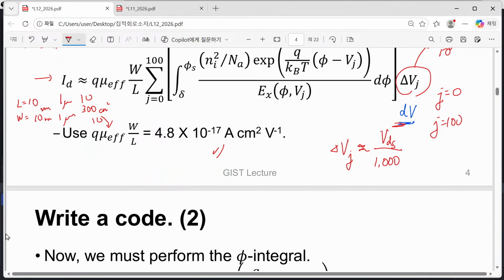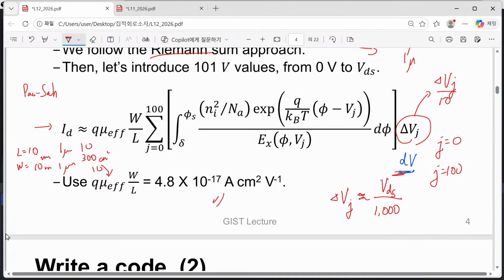Okay, so now if I give you this semi-discretized form, can you calculate it with your computer program? The summation is good, and this is just a number, and the only remaining thing is the evaluation of this internal integrand. Then how can you perform this integral once again? In this integrand, we still have integration over the electrostatic potential phi.